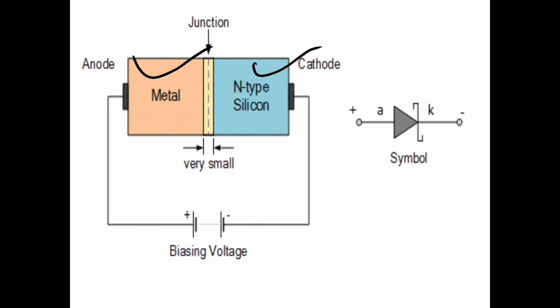The junction is formed between the metal and the n-type semiconductor, and this junction will be very small. This junction is known as the Schottky barrier, or we can say the potential barrier required for its operation is known as the Schottky barrier. So this is the symbol for the Schottky diode.